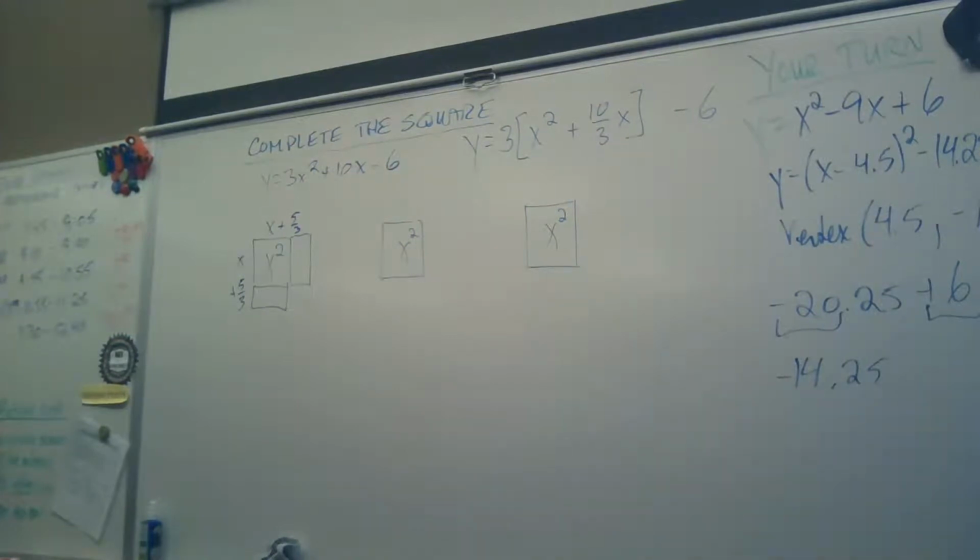And this is where drawing the algebra tiles gets to be a bit of a pain and not worth the effort. Because it's now getting into fractions and weirdness, and at some point it becomes easier to just do the algebraic process. But we're going to finish this out.